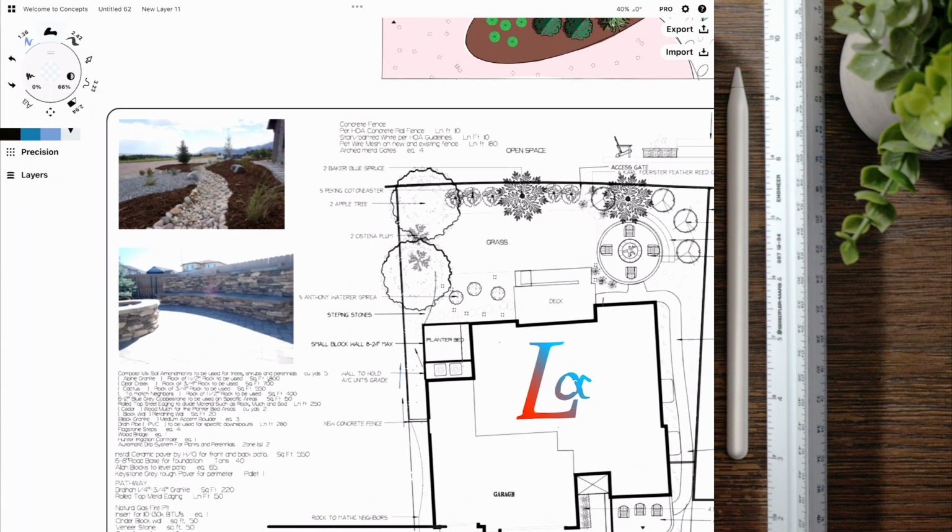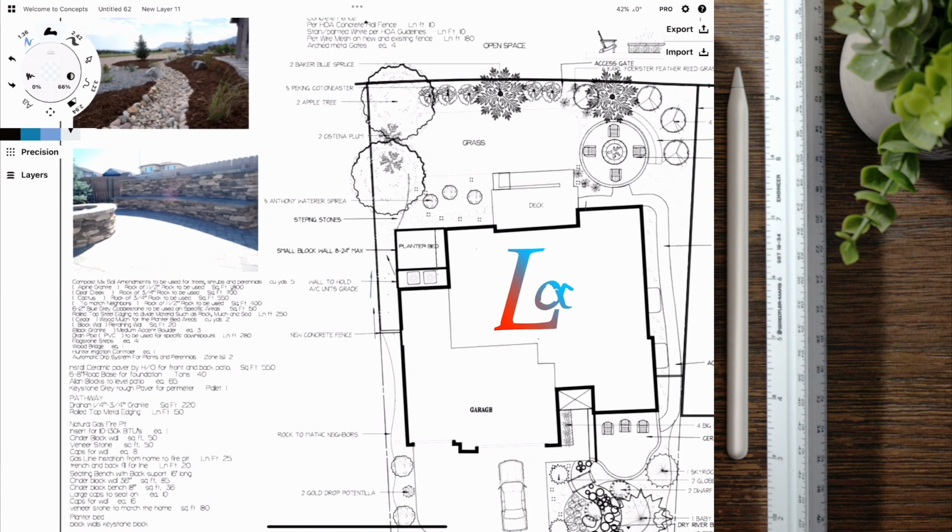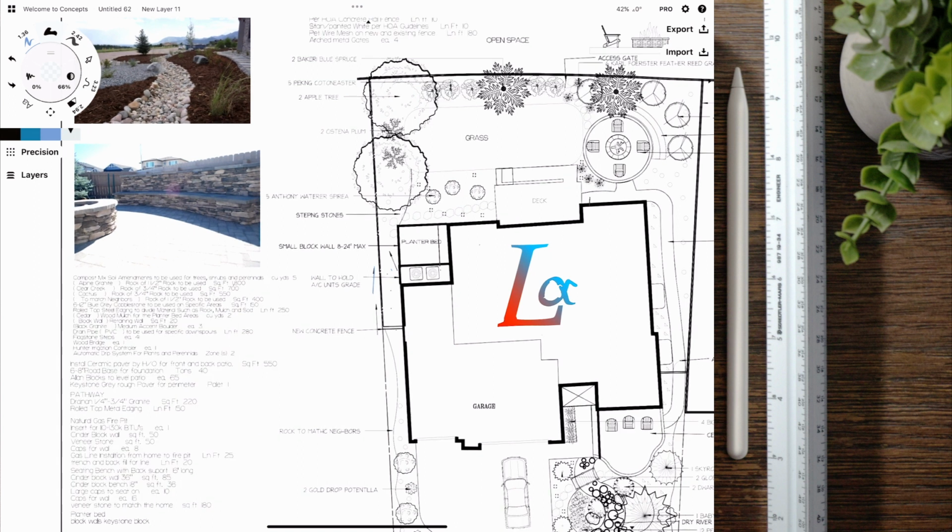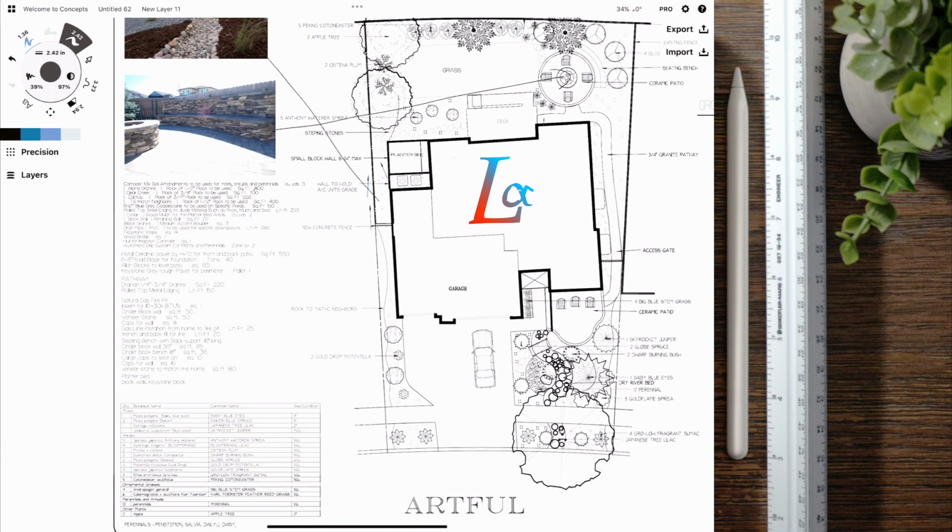Now, what do you think about this? Are there any ideas here that you would use for your own landscape design? I always put pictures on the side just to give you a reference as to what I've done in the past and what I want to do in this specific project. So one of the pictures here is mainly for what we want to do with this area over here, and then the other picture was for this area over here.